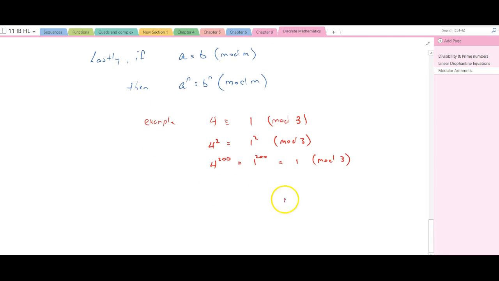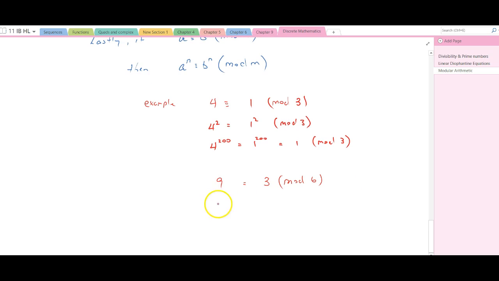Another example that might help: in modulo 6, a remainder of 3, with a number, say 9. So 9 is equal to 3 mod 6. Then we can square both. 9 squared is 81, which will be equal to 3 squared, 9, mod 6.